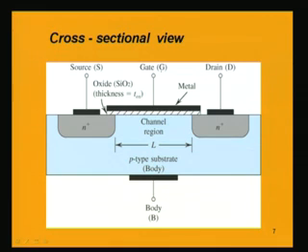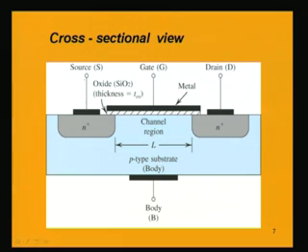As shown here, the gate terminal is taken out from this metallic contact which is grown over the top of the silicon dioxide. And similarly, in the 2 N type regions, which are the source and the drain, we are having the 2 metallic contacts, out of which the 2 terminals, source and drain, are taken out.